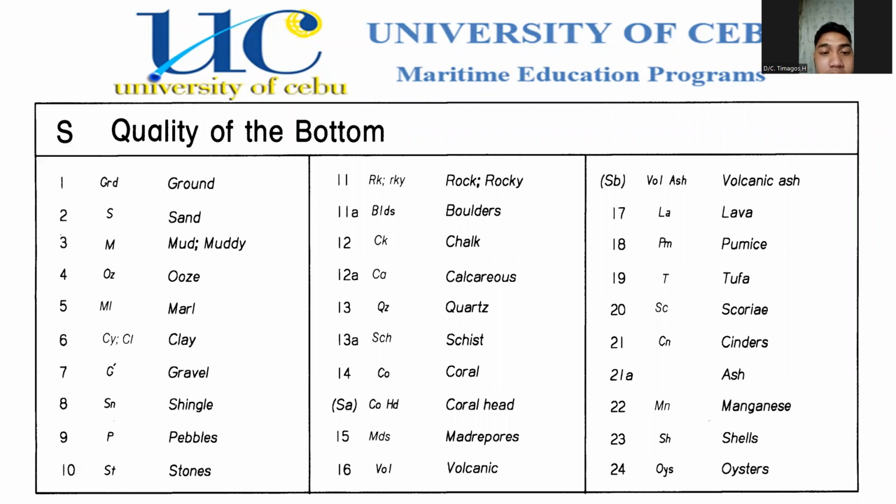Next is the quality of the bottom. As you can see in this slide, these are the things that can be found on the bottom of the sea: ground, sand, mud, ooze, marl, clay, gravel, shingle, pebbles, stones, rocky, boulders, chalk, calcareous, quartz, schist, coral head, muddy, volcanic ash, lava, pumice, tufa, scoriae, cinders, ash, manganese, shells, and oyster.